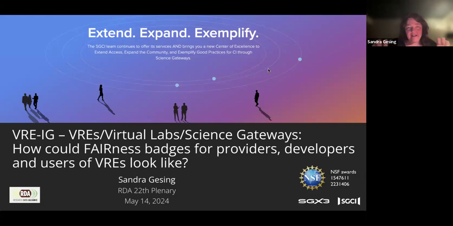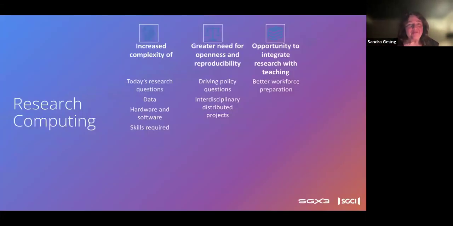I will give a little bit of an introduction to the interest group. When we look at research computing, there's nowadays an increased complexity of research questions. We can answer questions nowadays we could not even ask maybe 10, 15 years ago. We have big data and different data infrastructures.